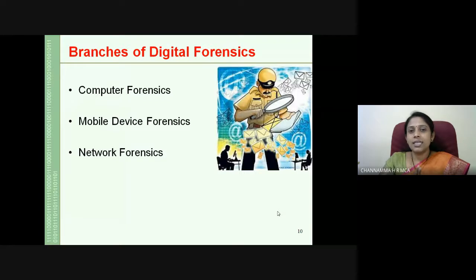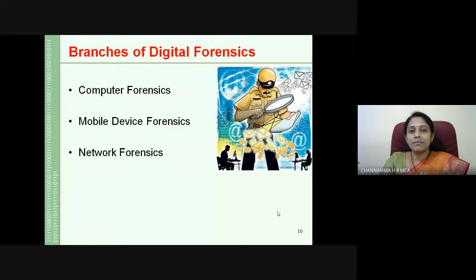This includes digital storage media, pen drives, printers, scanners, digital watches, or computers. Any digital device or gadget we use comes under computer forensics.